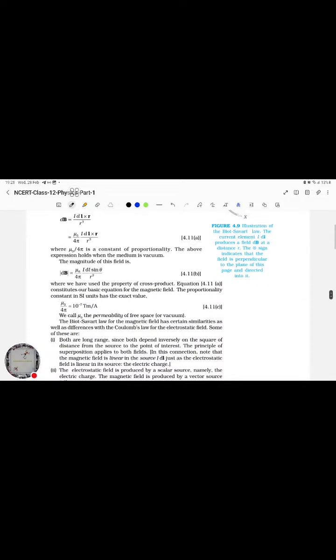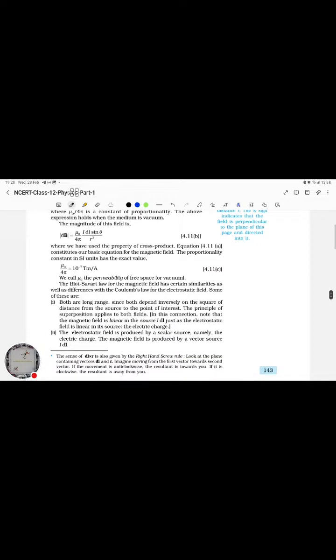The magnitude of the field turns out to be mu naught by 4 pi times I dl sine theta by r squared. That's the differential magnetic field produced, where we have used the property of the cross product: I dl r sine theta by r cube, and the r factor gets cancelled, so I dl by r squared times sine theta.